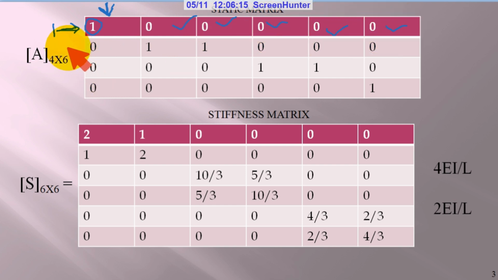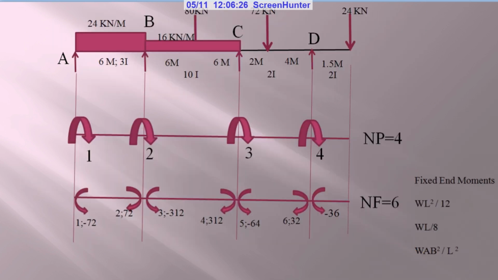Now let us see when NP is equal to 2. So what will be your second row? So when rotation here is 2, the fixed end moments associated are this fixed end moment, which I have numbered as 2, and this fixed end moment, which I have numbered as 3.